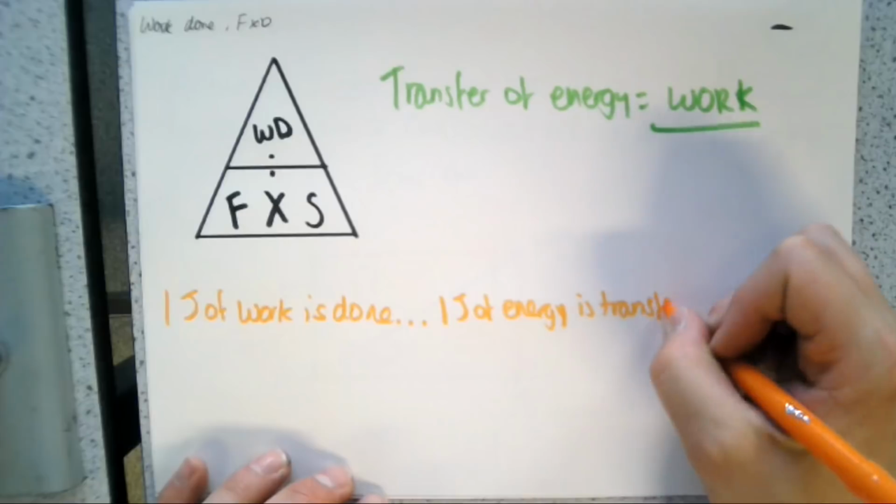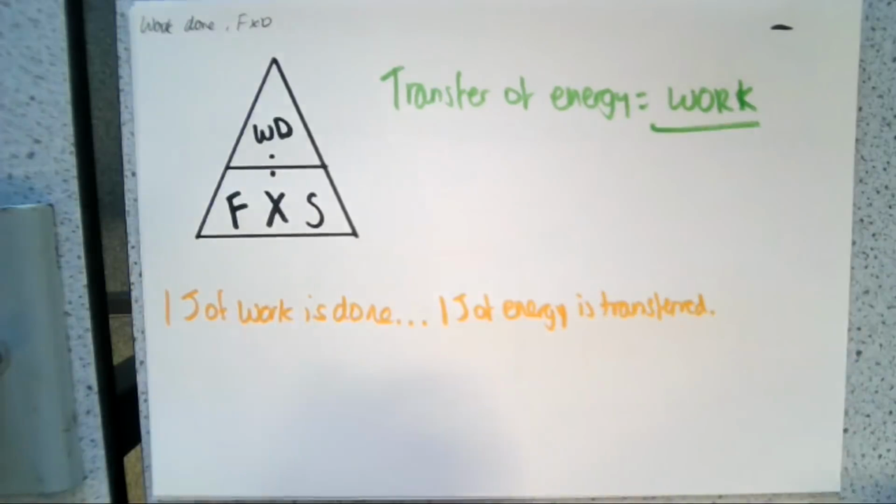Converts straight across. So if 1 joule of energy is transferred, a joule of work has been done. 10 joules of energy being transferred, 10 joules of work. Okay, they're directly related. And what the exam may do is they may talk about energy being transferred, but not call it work done. So you'll have to make that connection, guys, between both of those. So please make sure that you're able to recognize that difference.